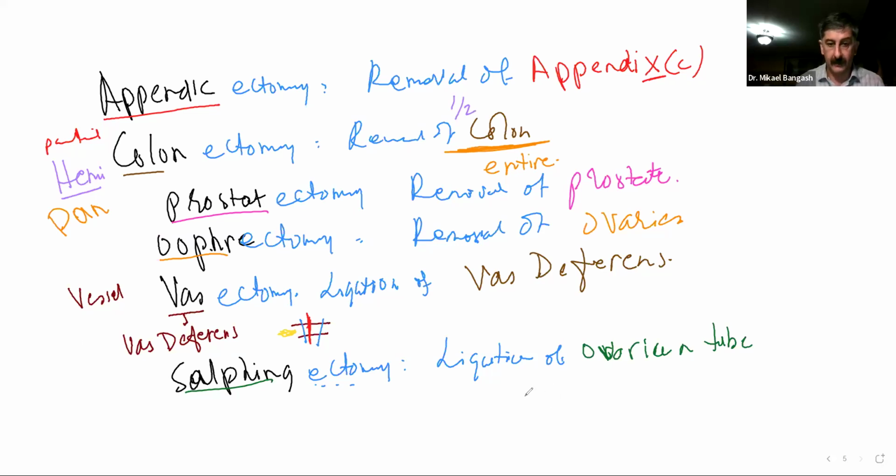What they mean is, just say you have the ovarian tube going to the uterus over here, and you have the ovaries. What we do is the same as in a vasectomy. Staple, staple.